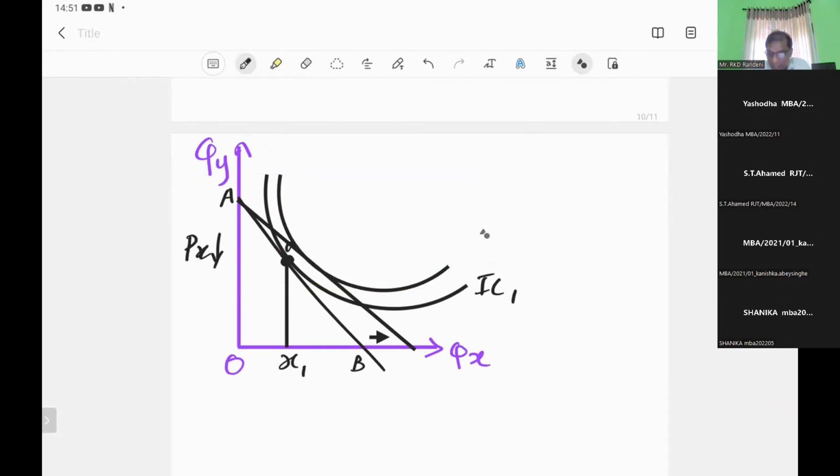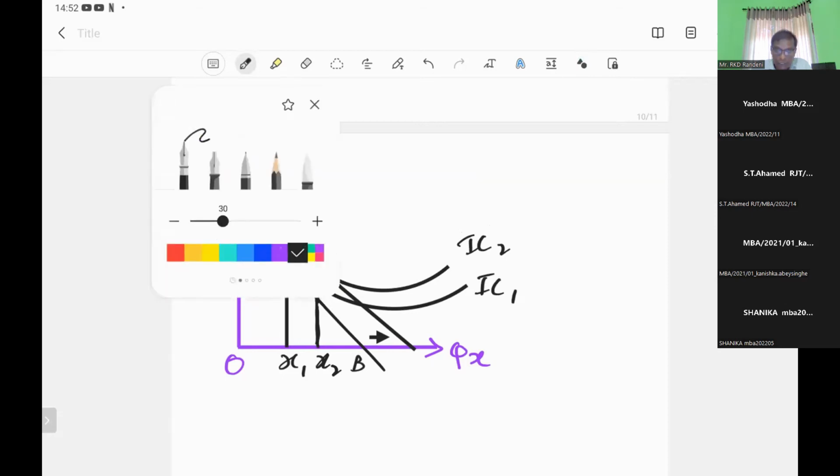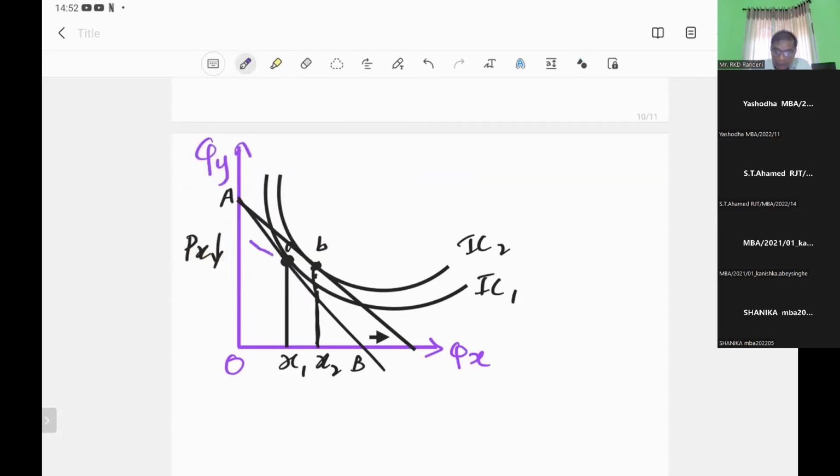Now he can reach the higher level of indifference curve, that is indifference curve 2. He can buy more from X, more from x2, right? That is point B. The equilibrium point is B. Now you can join these 2 points, something like this. This is called the price consumption curve.